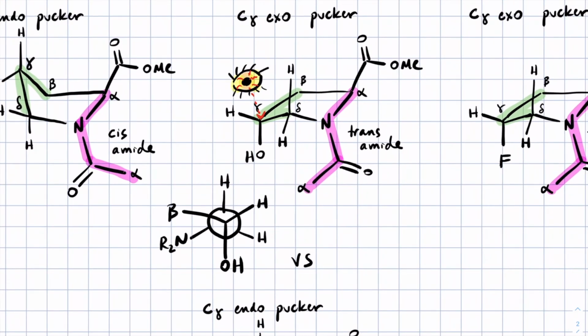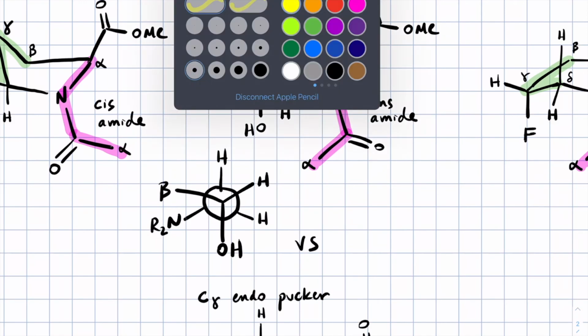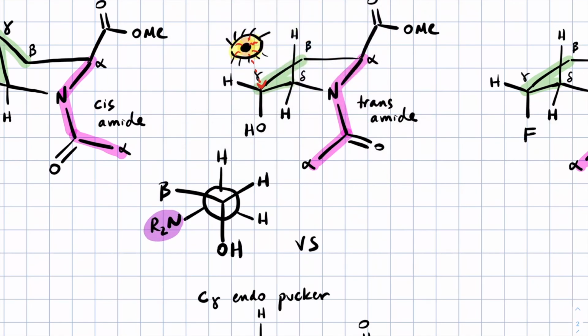This is the preferred conformation that they found this molecule adopts in the crystal structure. And interestingly enough, the OH and the nitrogen are gauche to each other. All right. Now, it's also true that the nitrogen is gauche to the beta carbon of the ring.